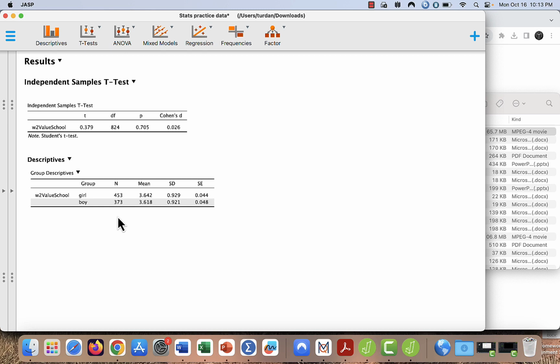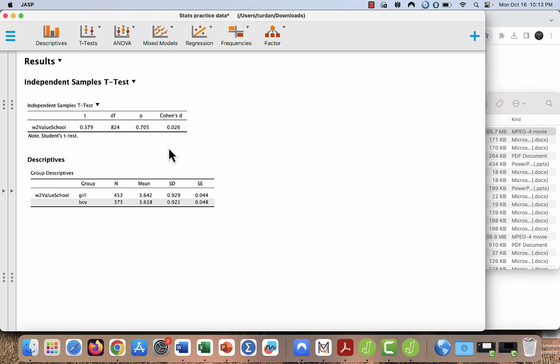Because our degrees of freedom for an independent t-test is the 2 samples added together minus 2. P-value shows it's not statistically significant. And if we look at the means, we can see the means are really, really similar. And as you would expect, when you have a t-value that's not statistically significant, the Cohen's d is really small.